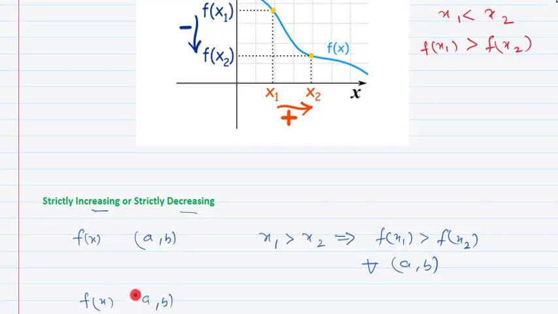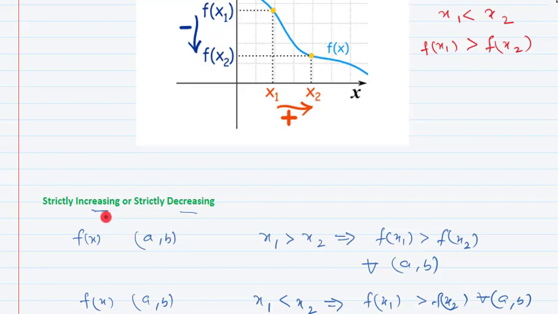Similarly, for strictly decreasing function, f(x) on the interval (a, b) is said to be strictly decreasing if for x1 less than x2 implies the result f(x1) greater than f(x2) for all x in (a, b). Means on each point of the interval, if the function is decreasing, then it is called strictly decreasing.